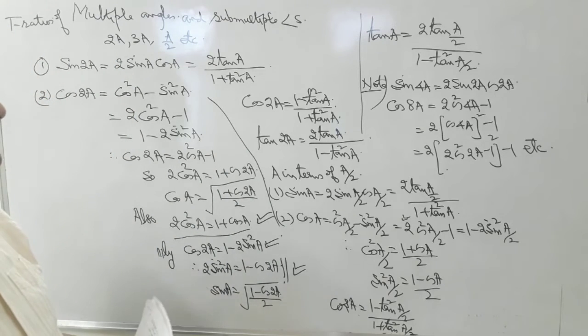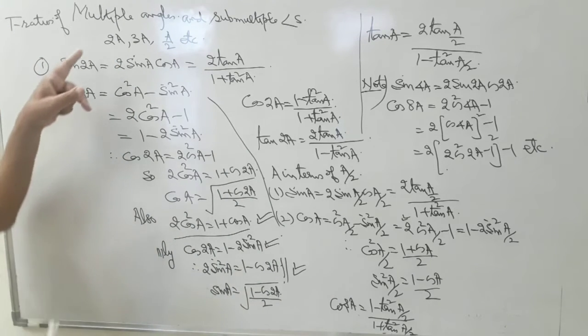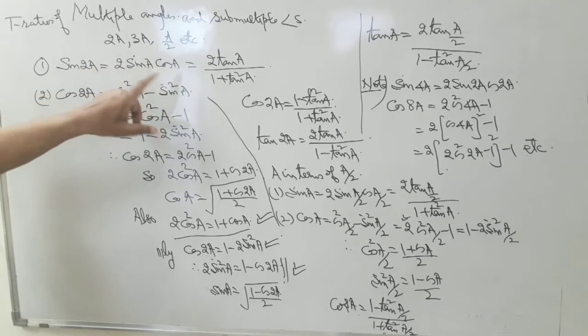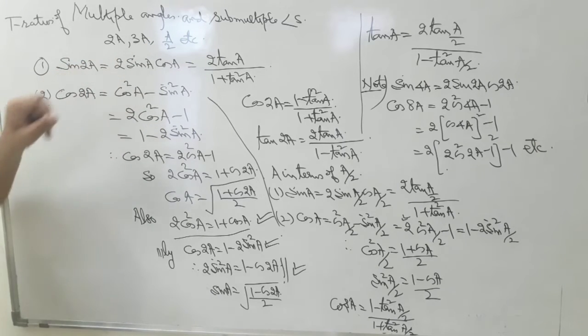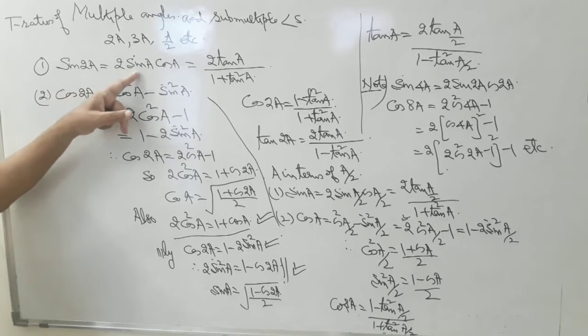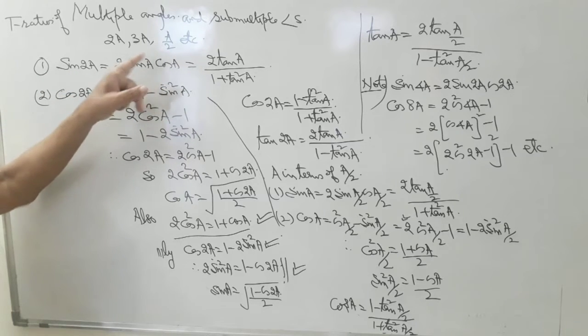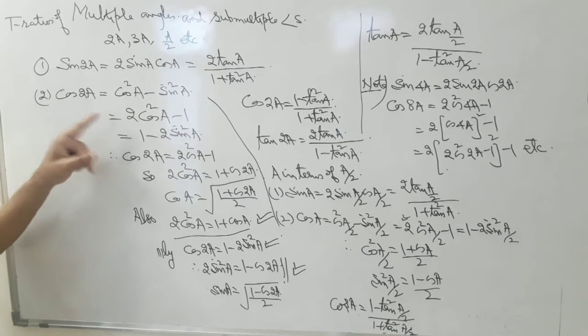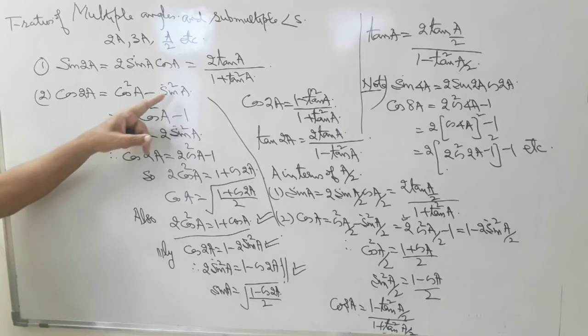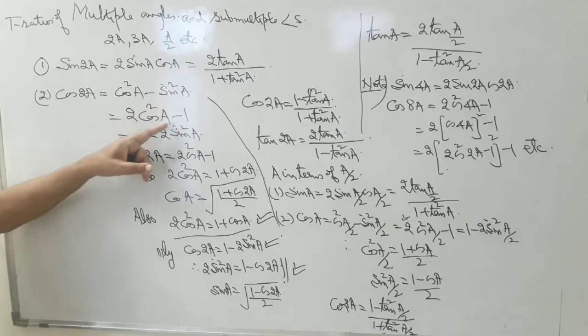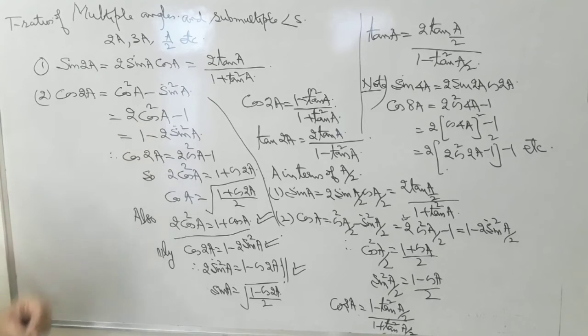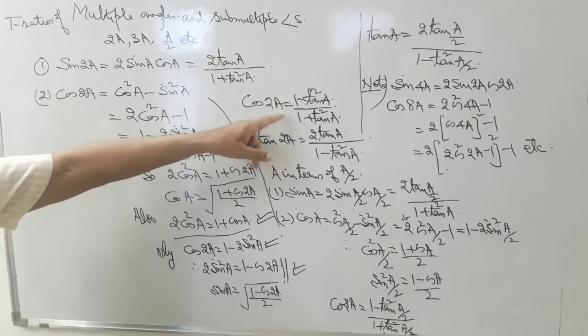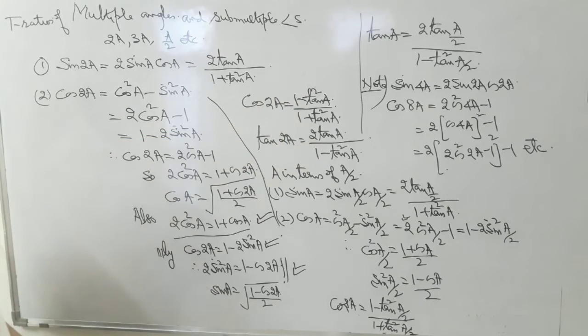Now just see once again, I can repeat. It is 2A, 3A, A by 2. First of all you take up 2A, A by 2. Sin 2A, there are 2 formulas, angle is halved. Cos 2A, there are 4 results: cos square minus sin square, 2 cos square minus 1, 1 minus 2 sin square, or cos 2A is (1 minus tan square) upon (1 plus tan square).